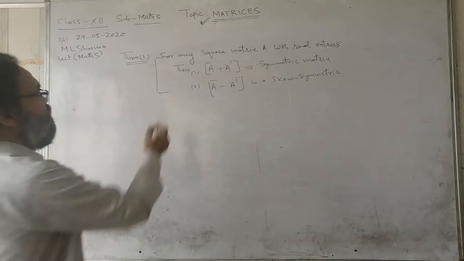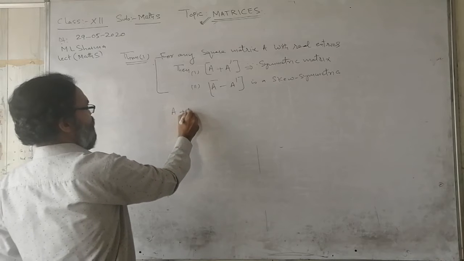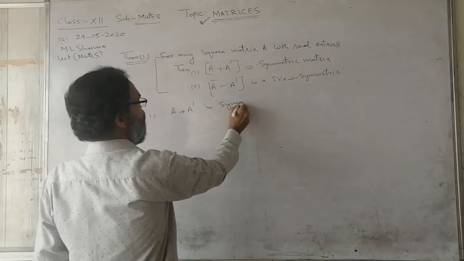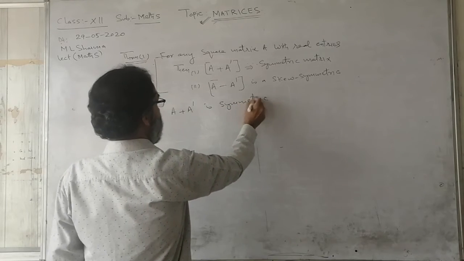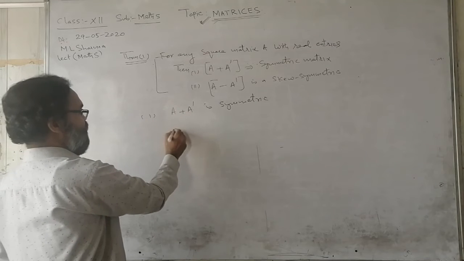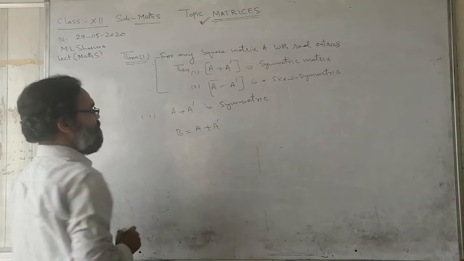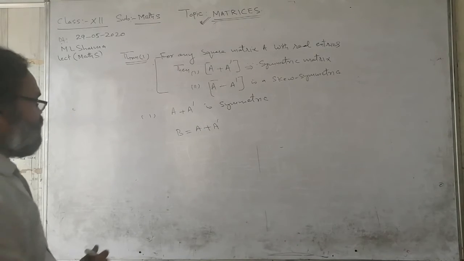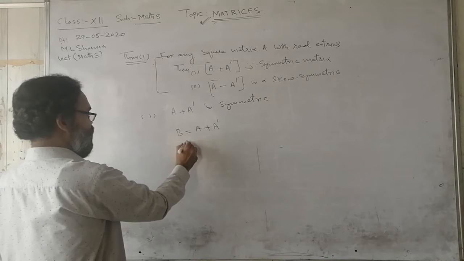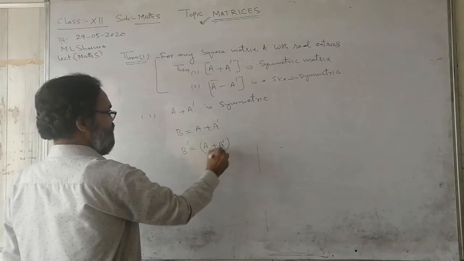Suppose we have to prove A plus A transpose is symmetric. If I add a matrix and its transpose, it will be a matrix equal to A plus A transpose. Now if I take the transpose of both sides, its transpose will equal its transpose.